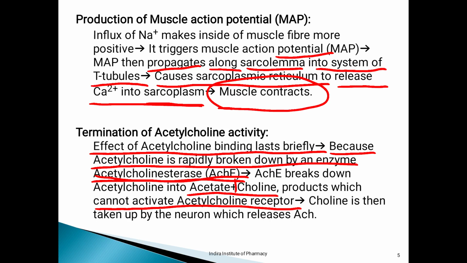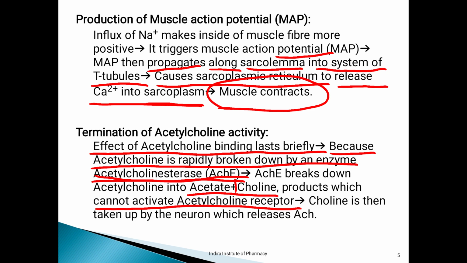So there are two parts, acetate and choline. The choline part will again be taken up by the neuron which released the acetylcholine. Who released the acetylcholine? The somatic motor neuron.